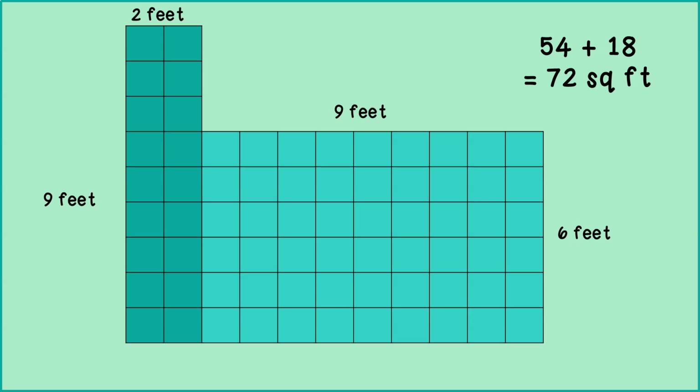So here it's easy to see these are just the two separate rectangles, and the dimensions that are listed on the sides can easily be used. We have the 9 times 2 equals 18 and 9 times 6 equals 54. They just add those two areas together. 54 plus 18 equals 72 square feet for this object. They can count it if they want to, but I don't encourage that because it takes a long time.